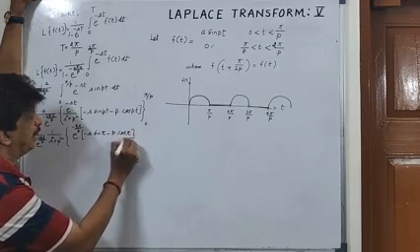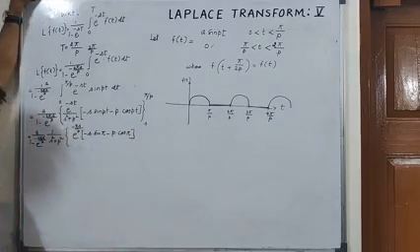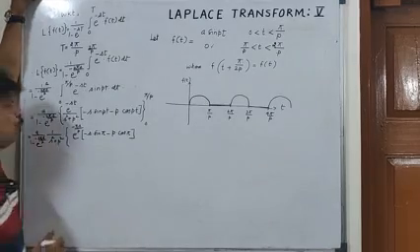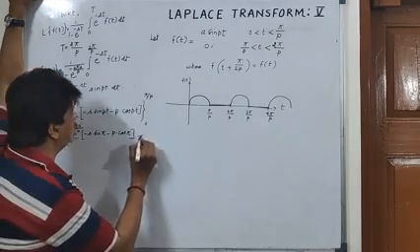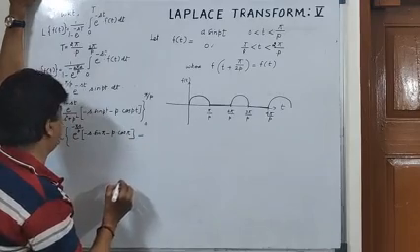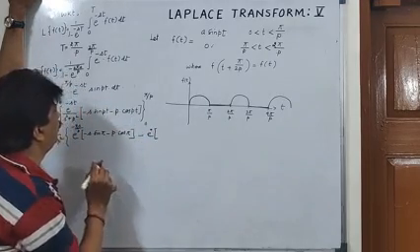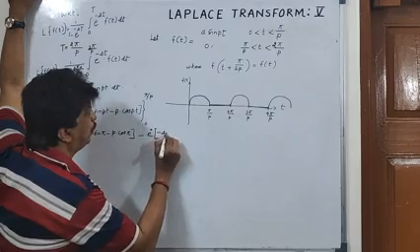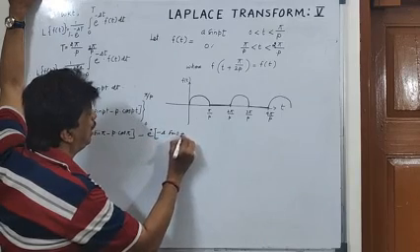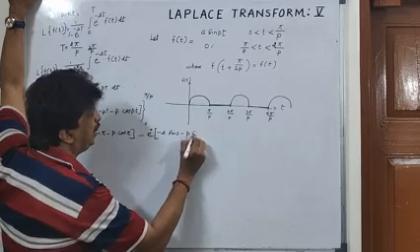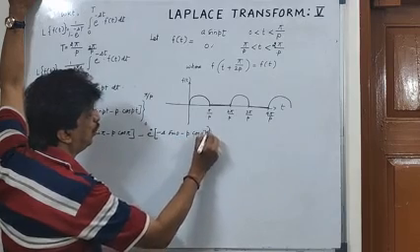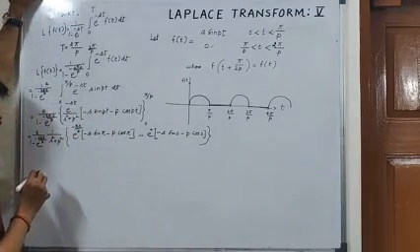This is the upper limit t equal to pi by p. Now for the lower limit t equal to 0, it is e raised to power 0, which is 1, into minus s sine 0 minus p cos 0.